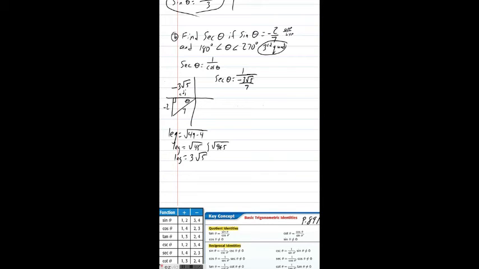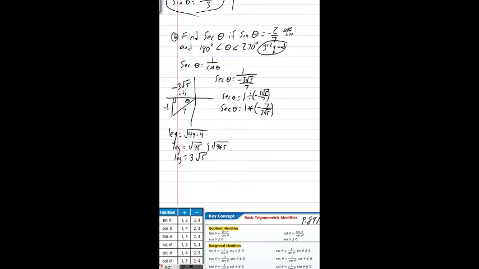Now, we have 1 divided by negative 3 times the square root of 5 over 7. Well, I cannot divide by a fraction, so secant of theta is equal to 1 times the reciprocal, negative 7 over 3 times the square root of 5.